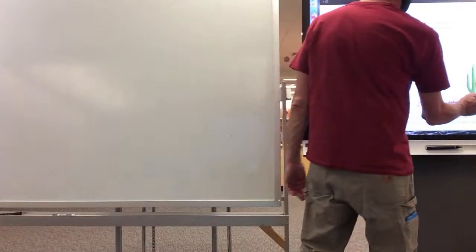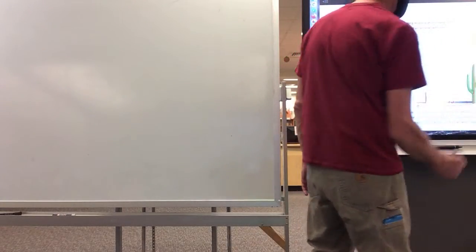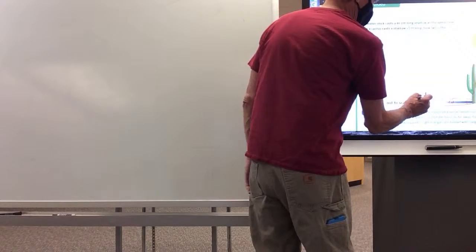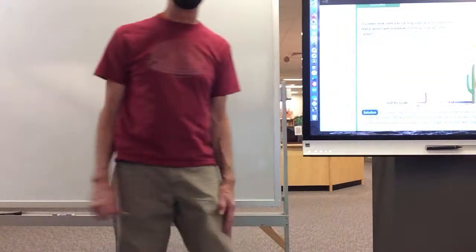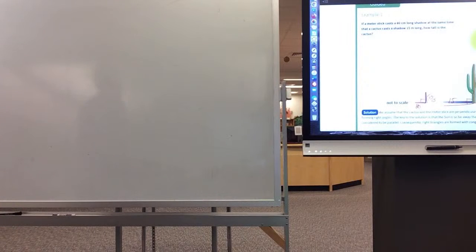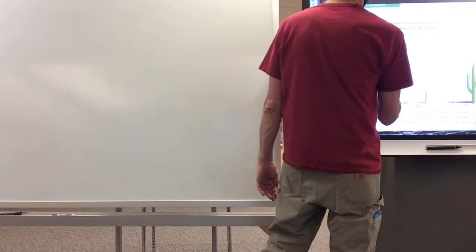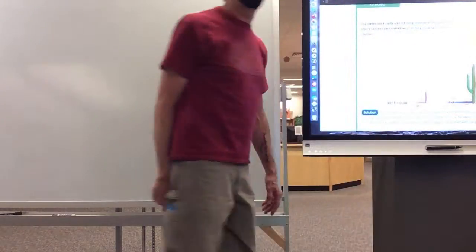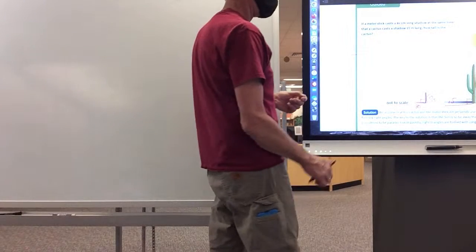So we need to know this. We're assuming that the cactus is growing at a 90-degree angle, and that they have the meter stick at a 90-degree angle. So what's one way to figure this out? You could set up a proportion. How would you want to arrange those three numbers and your variable? 100 over 80, and then x over 15.